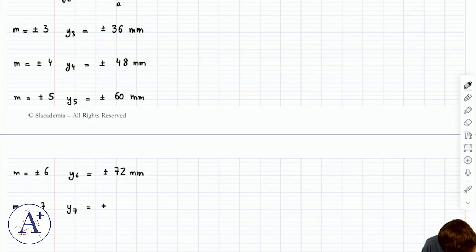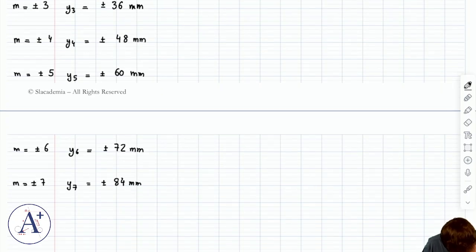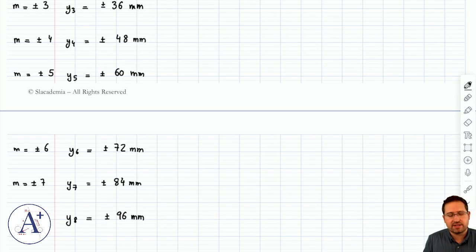Going all the way up to plus or minus 8, y8 is plus or minus 96 millimeters. If you add another 12, it's 108 millimeters, but that's off the screen, so we can stop. We run out of screen past this point.